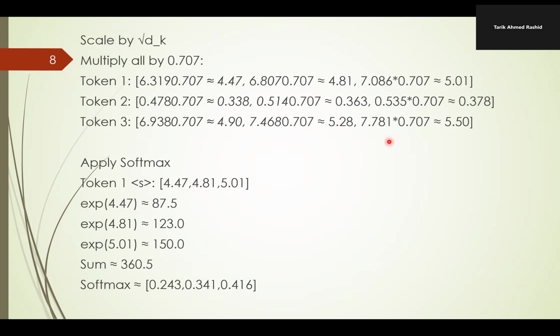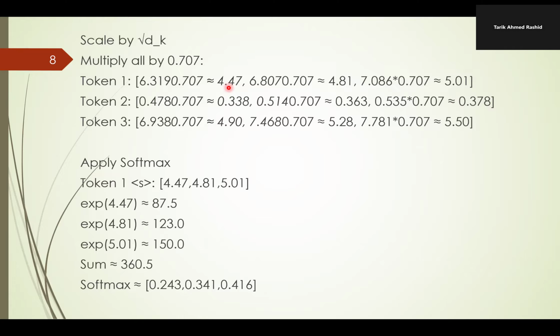So we will get, for token 1, 501, and for token 2, 0.373, and for token 3. For token 1, that's the last value. For token 2, that's the last value. And after that, these are the values that we have after scaling.